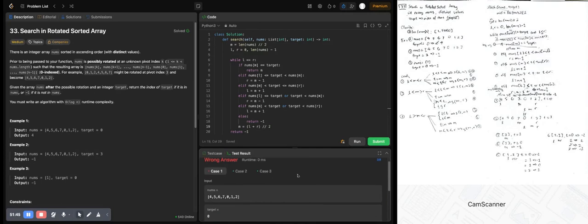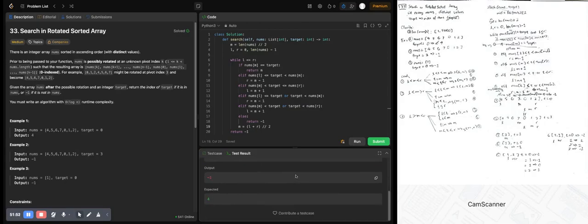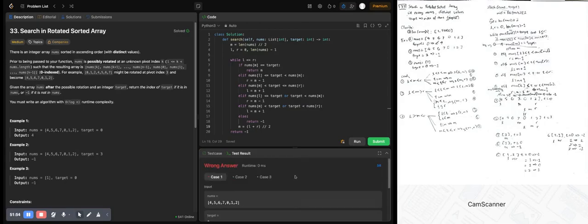Wrong answer. Target 0, output -1. Interesting. Expected 4. Let's see, what is the mid value there?